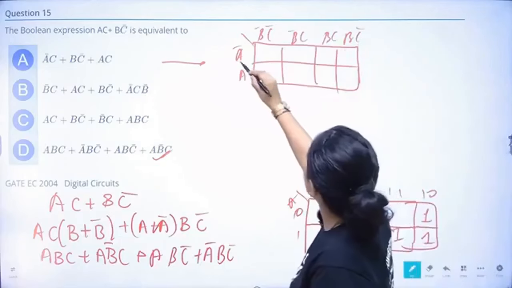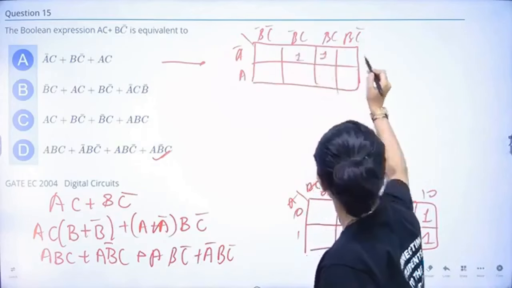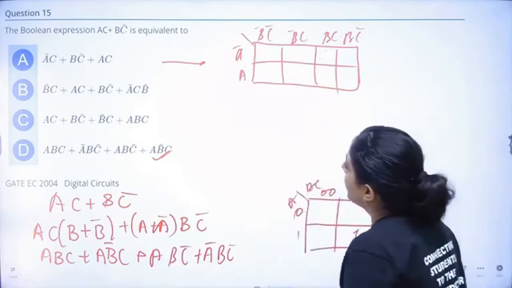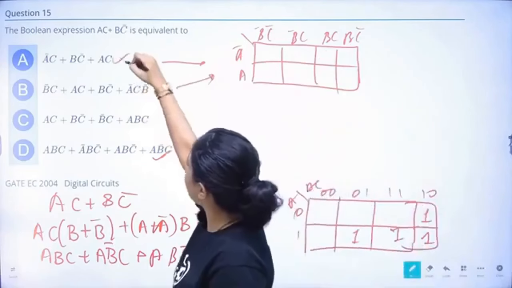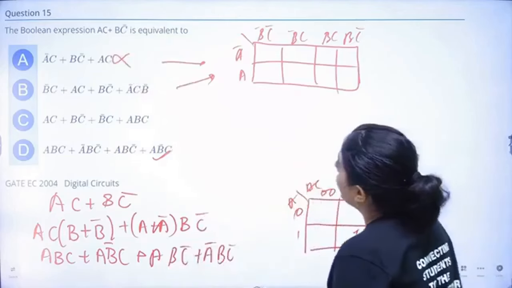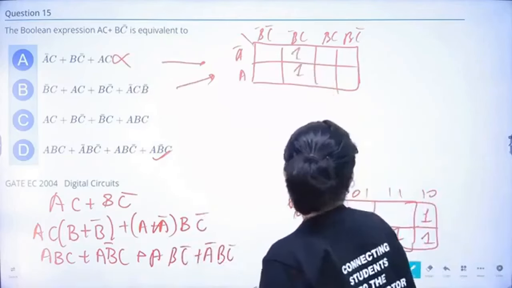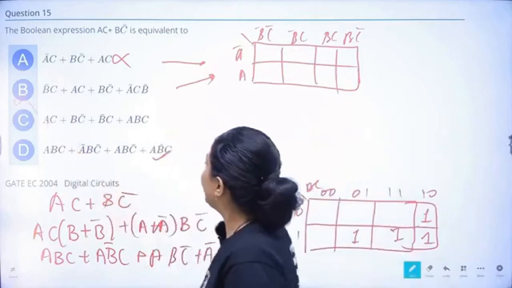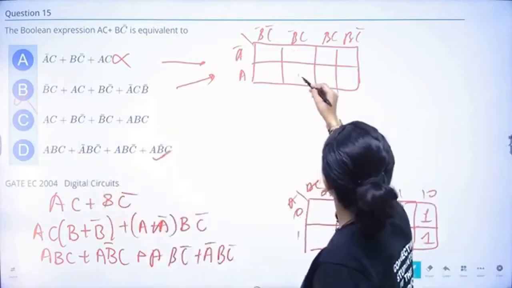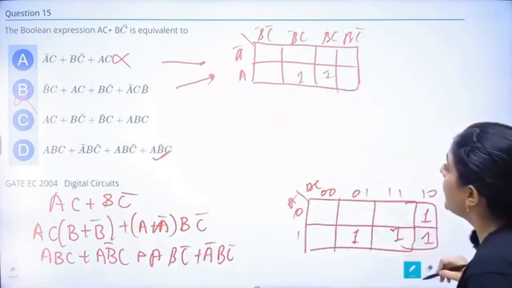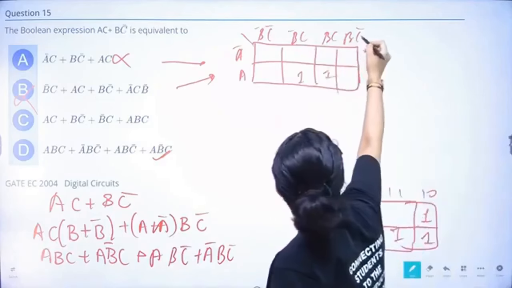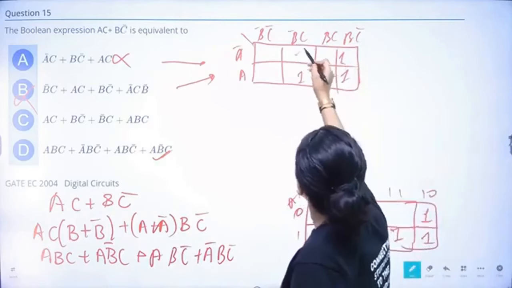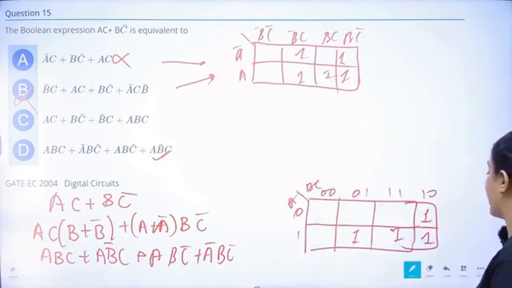A bar C is okay. This is okay. B bar is this one. This is also not there. A C, so A and C. Okay, this is B C bar. B, this is also there. Okay. B bar, B bar C.